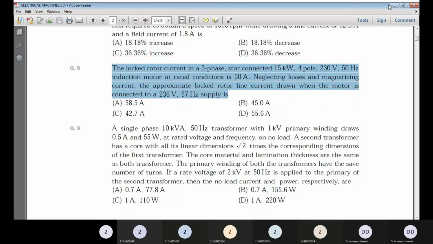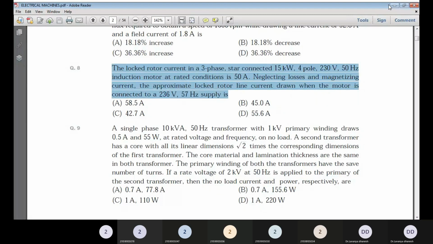So you have the two currents, rated condition current, induction motor and rated current. The rated current is equal to 50 ampere. Okay, rated current is 50 ampere given here.